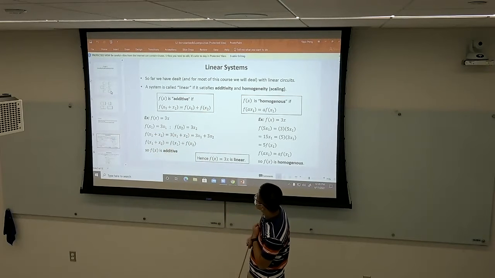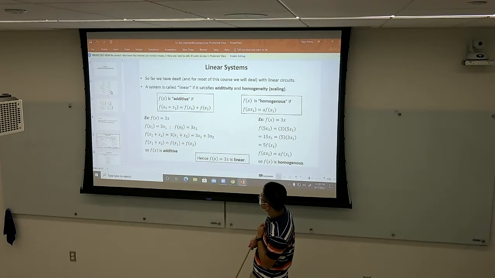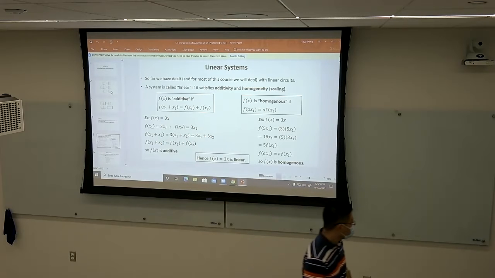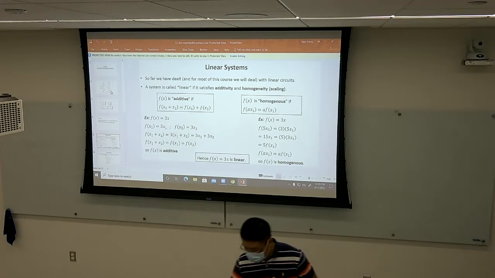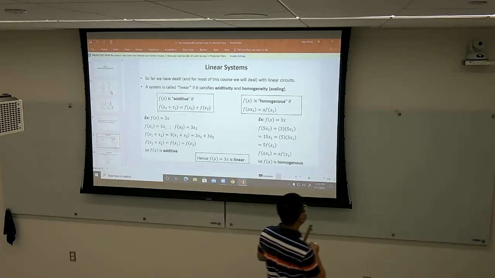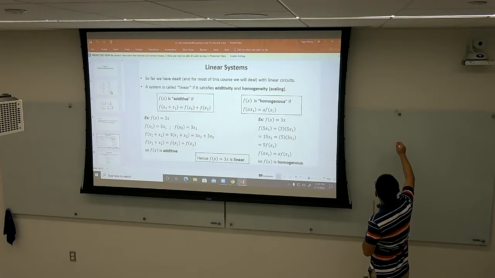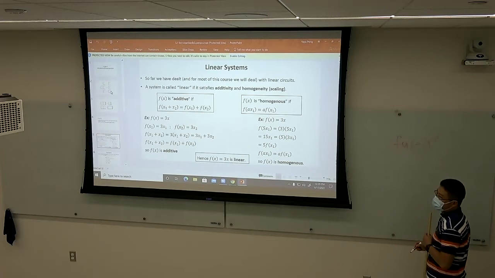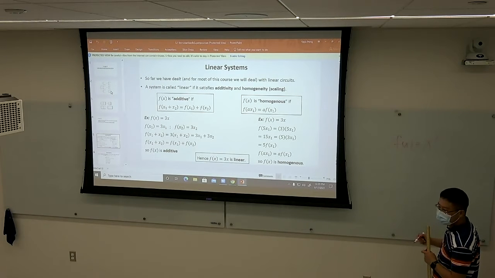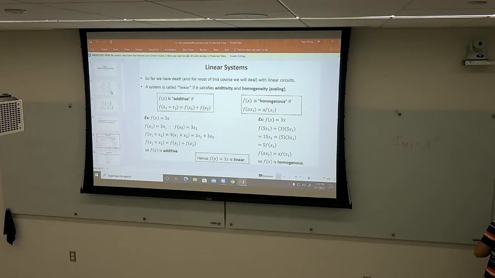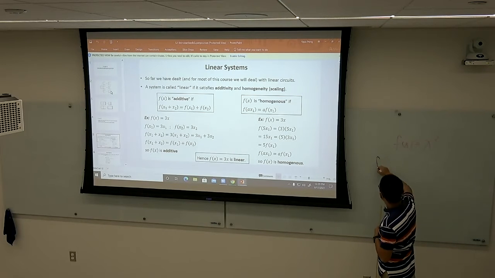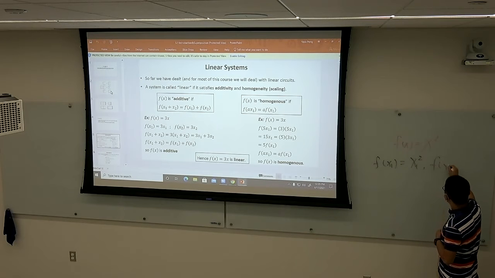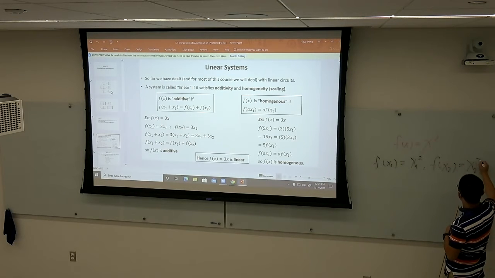But let's have another example where f(x) is not additive. Let's say f(x) equals x squared. Is this additive? Let's take a look. f(x1) equals x1 squared, and f(x2) equals x2 squared.